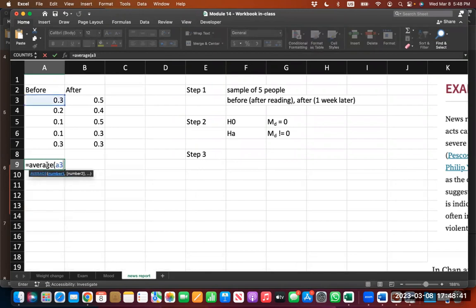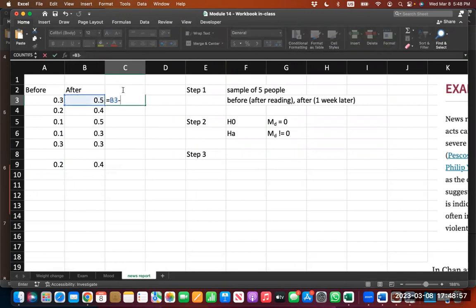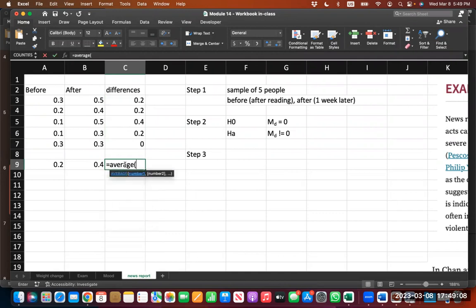That's A3 to A7. Now if we calculate the differences, that's after minus before. And that basically gives us here an average of 0.2, which is consistent with the difference between after minus before.